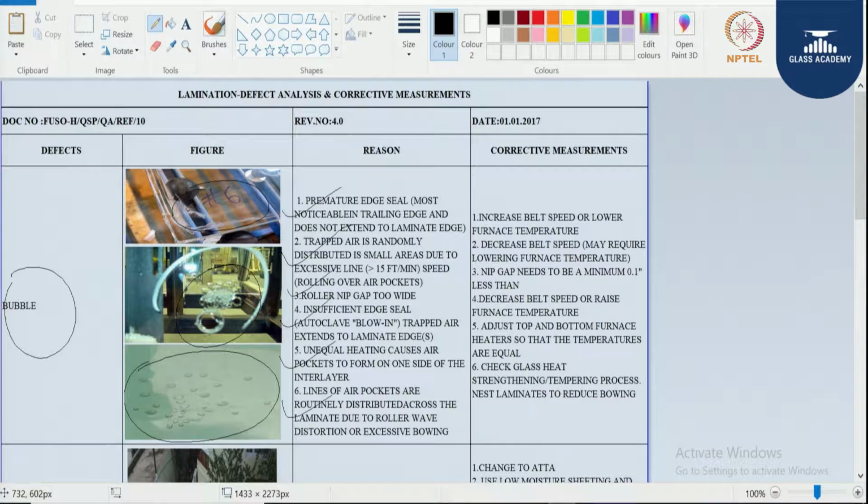So these are the reasons that may cause the bubble defect to appear on the glass.